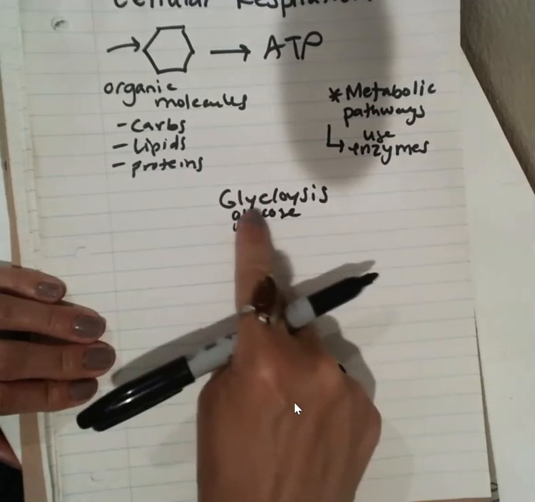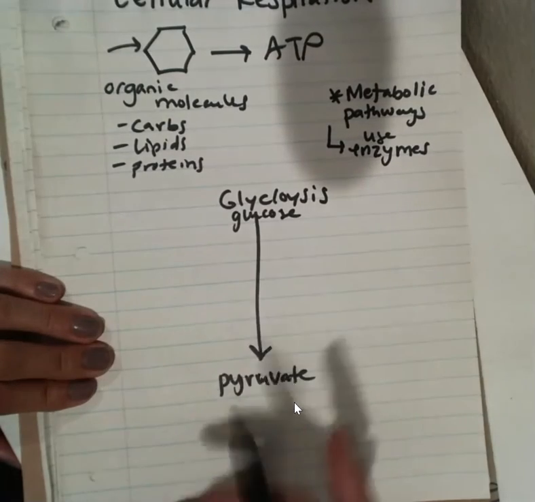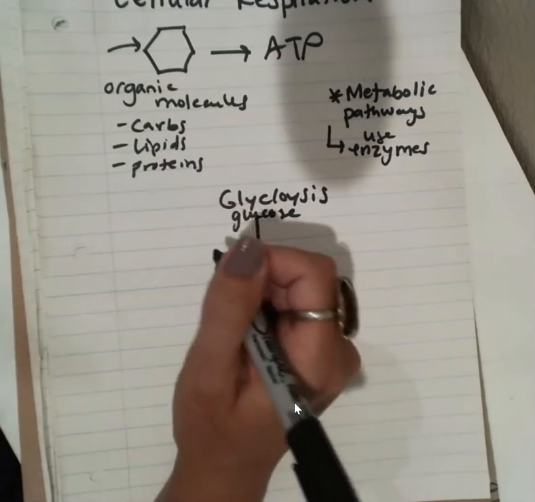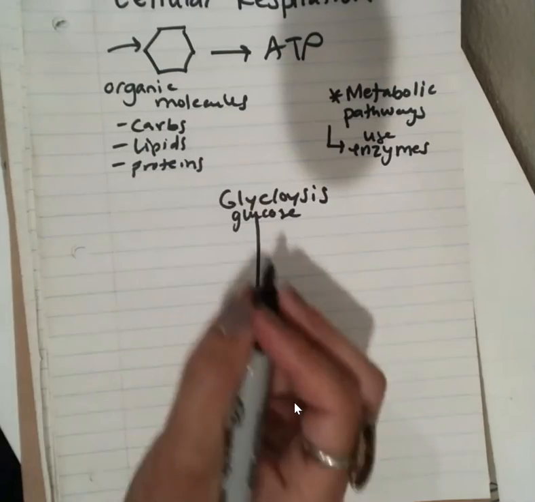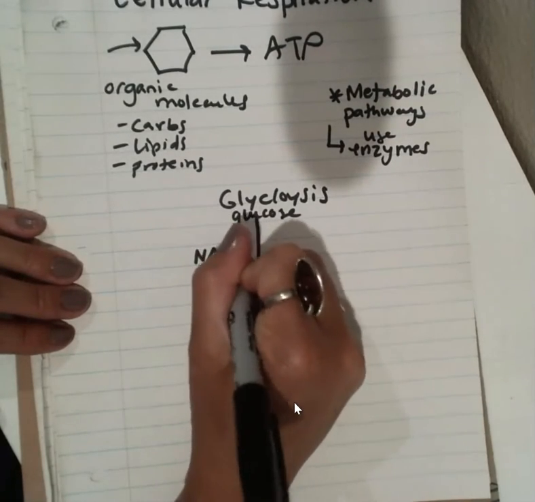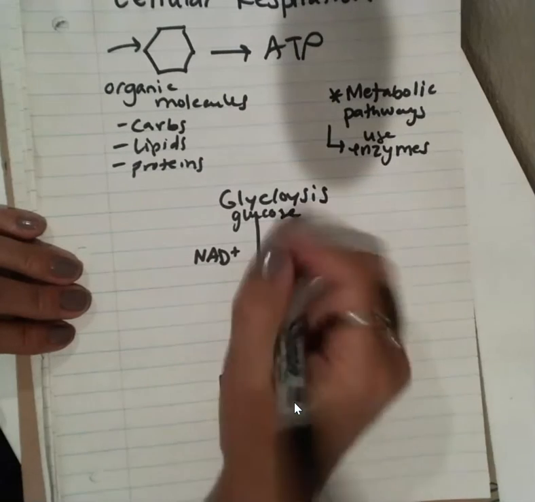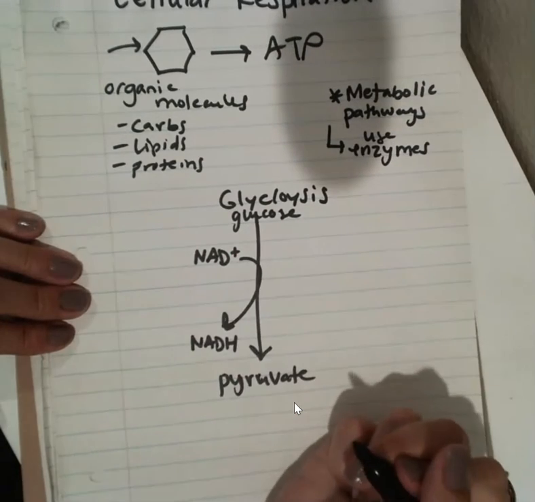And so there's about 10 different reactions that we'll talk about. Now, throughout the process of glycolysis, though, the initial stages require ATP, but really one of the steps takes NAD+ and reduces it to NADH.